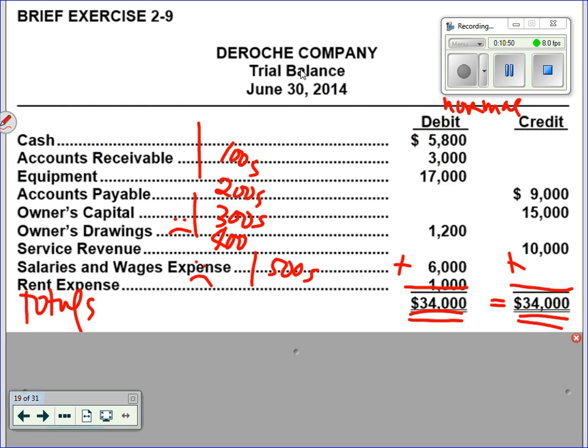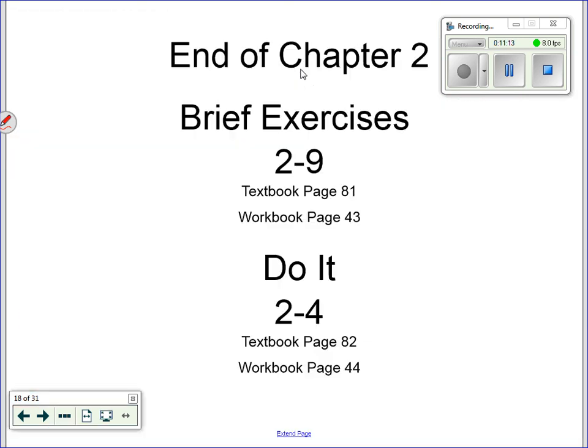Would you like to try one on your own? Do you have another trial balance right below it, brief exercise 210? Okay. Let me look at brief exercise 210 a minute. I have mine crossed off, so I don't want you to do that. I want you to use that little template. I actually want you to do it to 4.